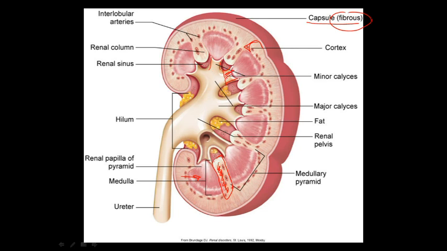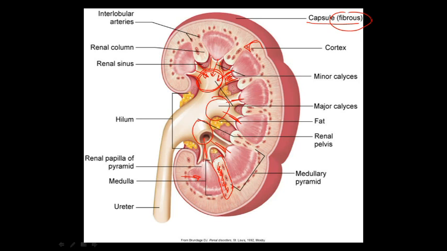And the major calyces are where the minor calyces actually go and merge together. So you have 3 minor calyces going into a major calyce here. And so that's typically what you're looking for. Here we have a major calyce and minor calyces here, major calyce and minor calyces here.